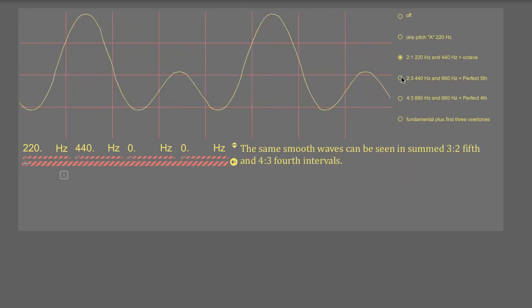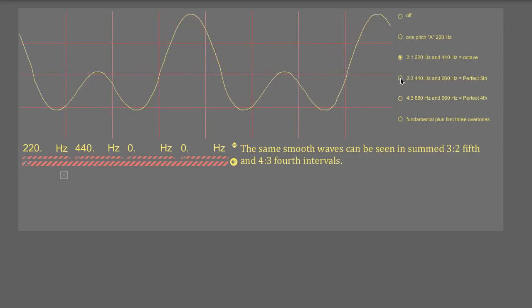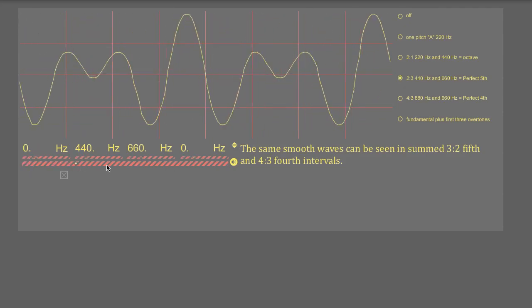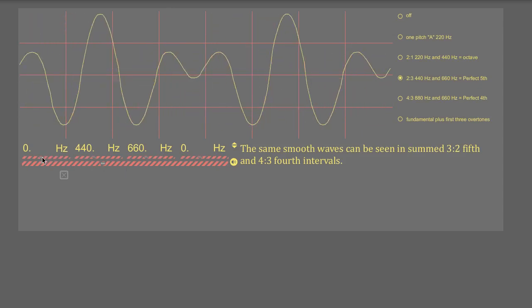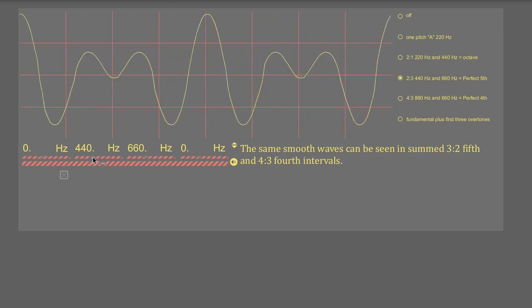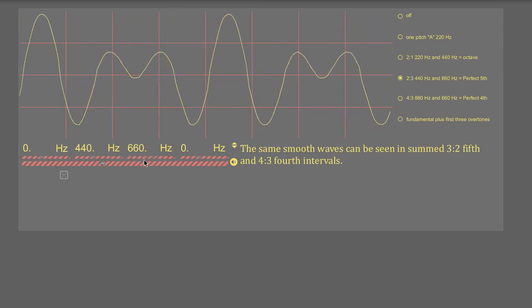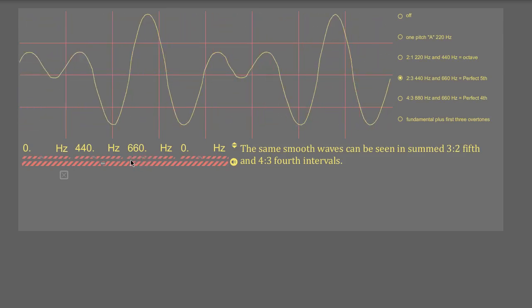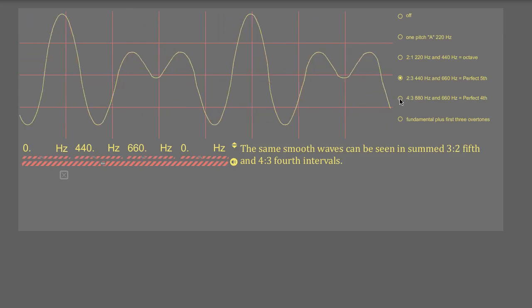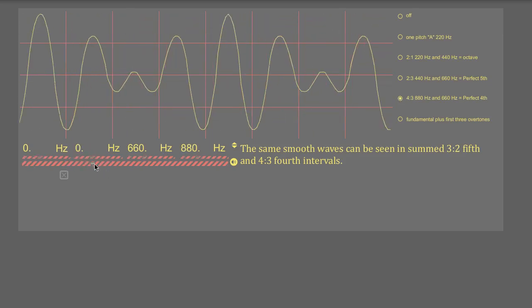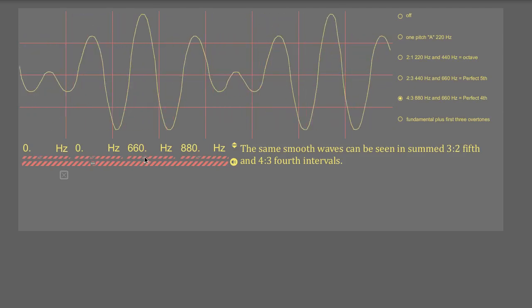Now, the same smooth waves can be seen in these summed 3-to-2 fifths. Do, do. There's our lower pitch, do, and the higher pitch, do. And for our 4-to-3 fourths. Do, do.